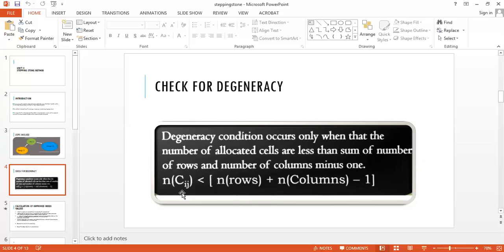When do we say that there is no degeneracy in the transportation problem? If the number of allocated cells is greater than or equal to the number of rows plus number of columns minus 1, then we say that the initial feasible solution obtained by using any of the three approaches doesn't have a degeneracy.